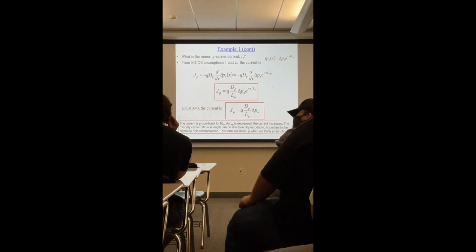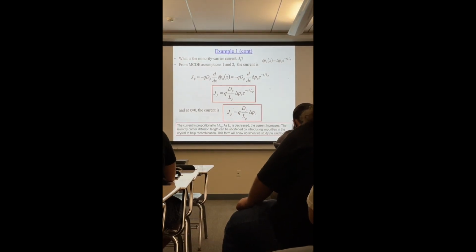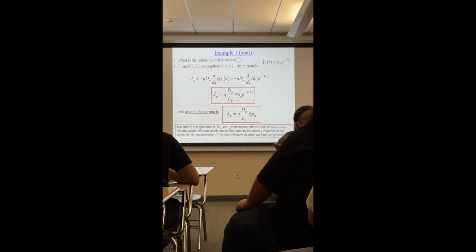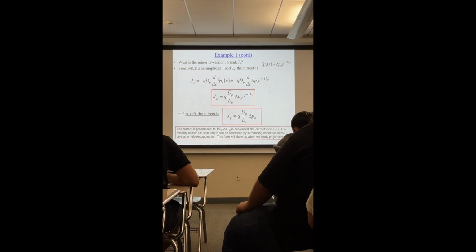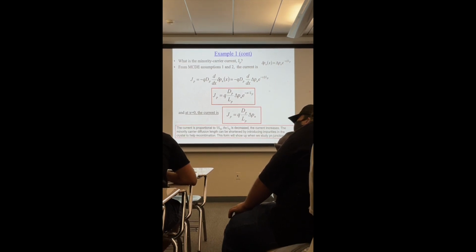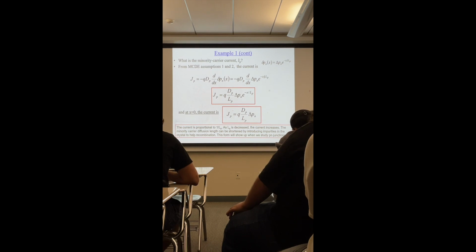This is very useful because it tells us there's a way we can change the current, especially through this L sub p. This is related to the recombination lifetime, and we can either increase or decrease this recombination length by doping. By doing this, we can modify the current easily.